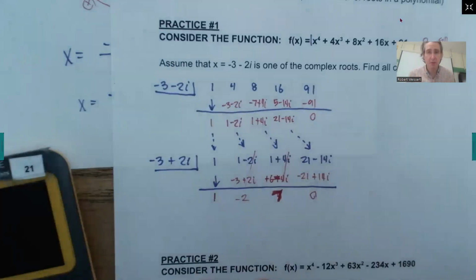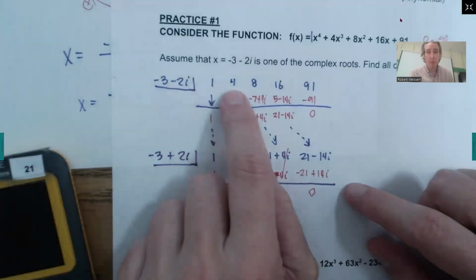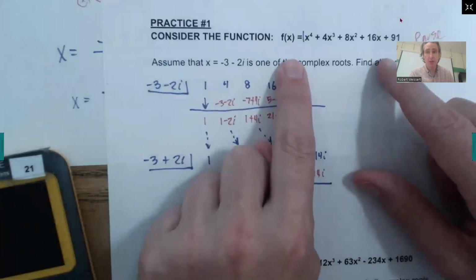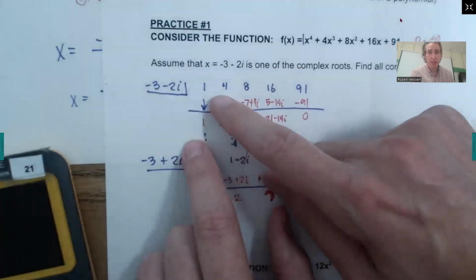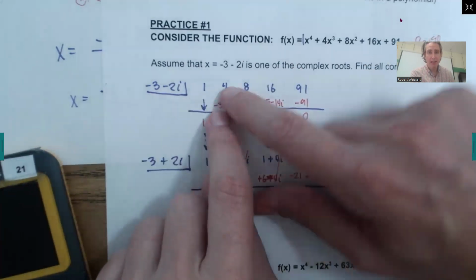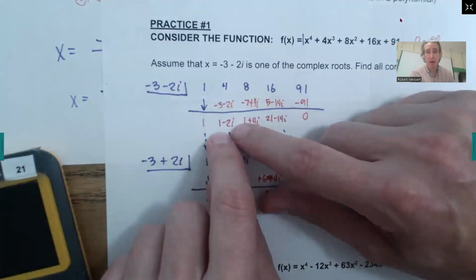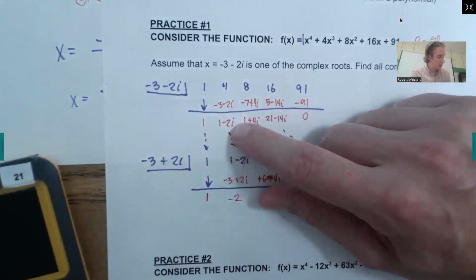Here's the synthetic division part. I wrote the minus 3 minus 2i, and 1, 4, 8, 16, 91 for my coefficients above. Next, I went down, dropped the 1, multiplied, rewrote, added these together because this is just going to be minus 2i. So that's 1 minus 2i. I used my calculator for this part.